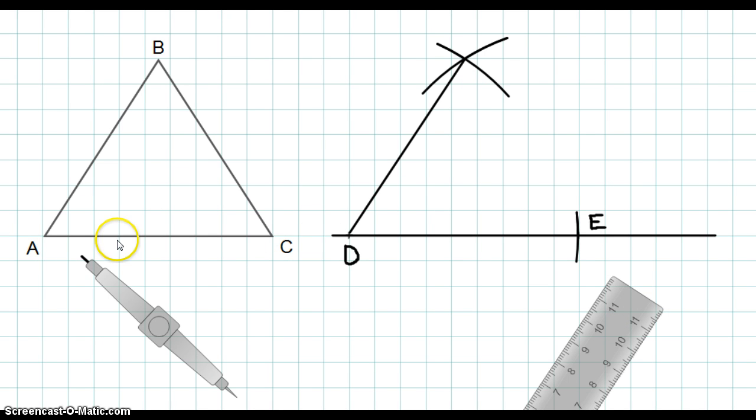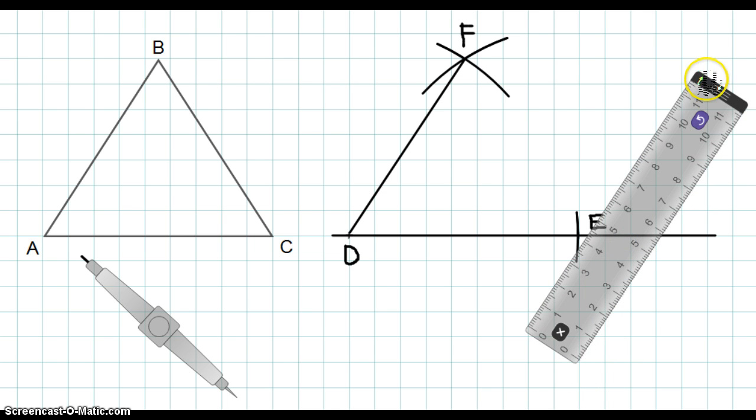DE corresponds to AC, and let's call the other point F, and DF corresponds with AB.